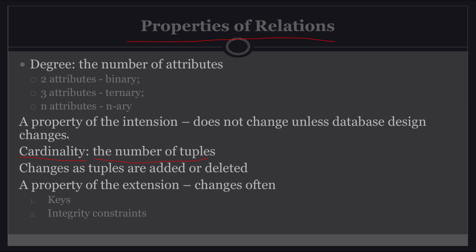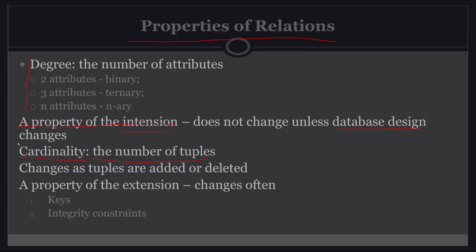Okay. Now, the intension, as we saw in the previous lectures, refers to the structure, the schema of the database. So unless you change the design of the database, the intension doesn't change. And therefore the degree doesn't change, because no matter what, your relation is still going to have the same number of attributes. Well, that specific table anyway.